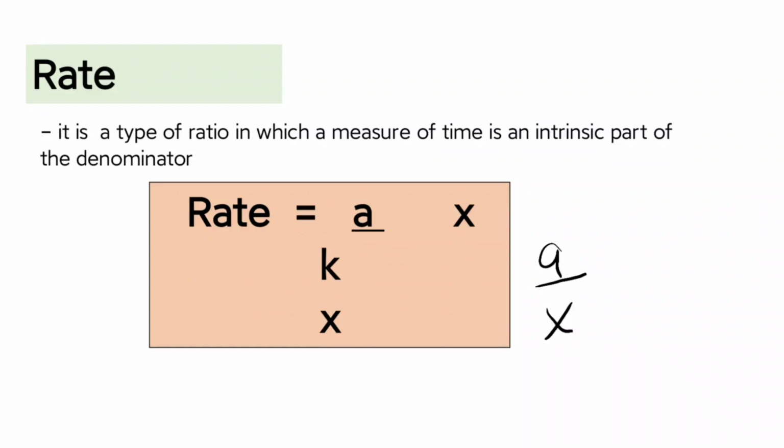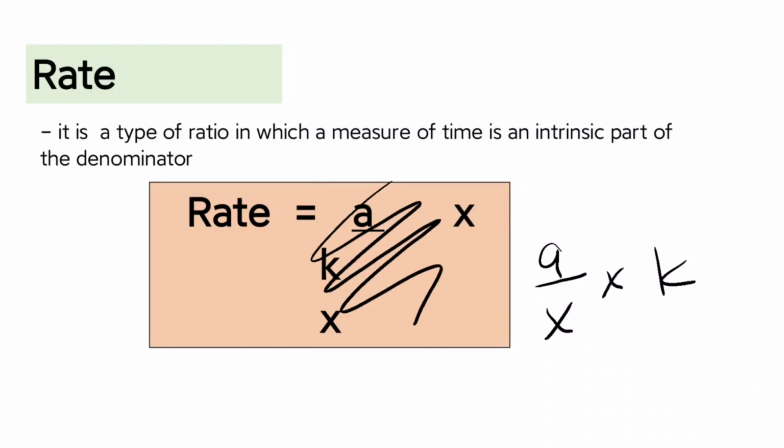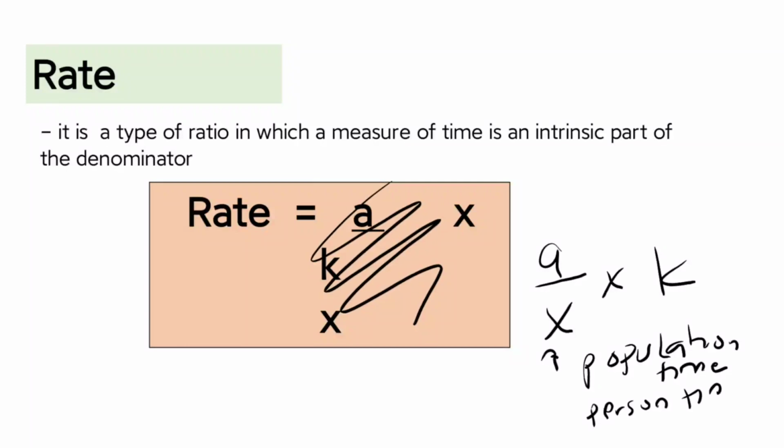So, A over X multiplied by K. Okay? So, A, of course, is the affected individuals. X is your population time, or what we call person time. Okay? So, A over X multiplied by your factor.